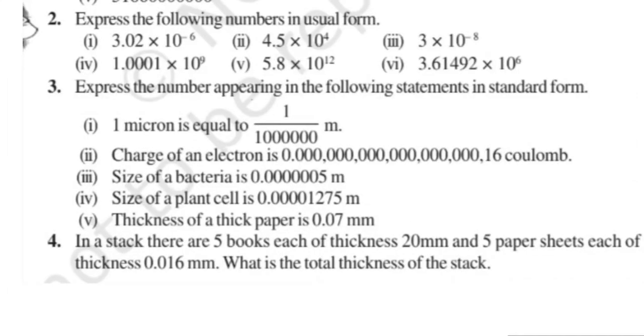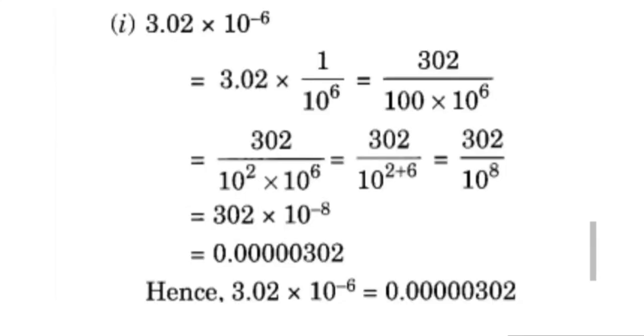Now see question number 2. Express the following numbers in usual form. Means this one you have to write same as question number 1. So first one, 3.02 into 10 raised to minus 6. So this we can write as 3.02 into 1 upon 10 raised to 6. Next line it will come 302 upon, when we remove this decimal, 100 into 10 raised to 6. Now this we can write as 302 upon 10 square into 10 raised to 6.